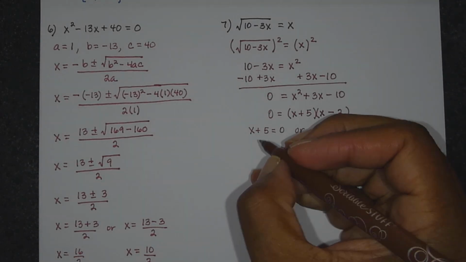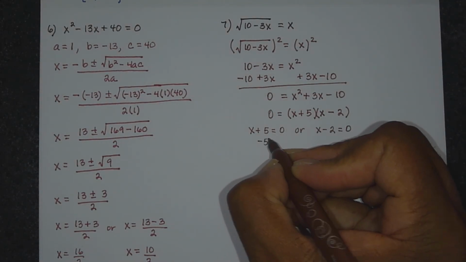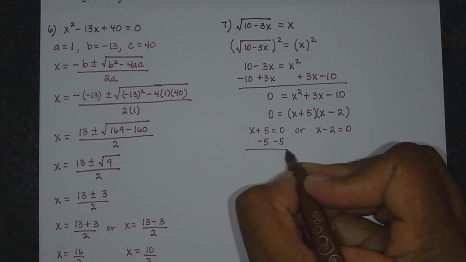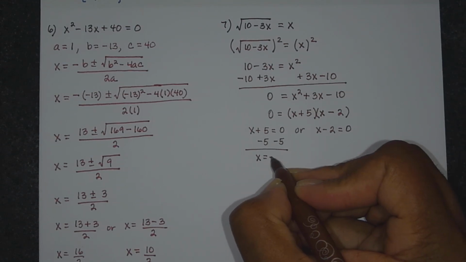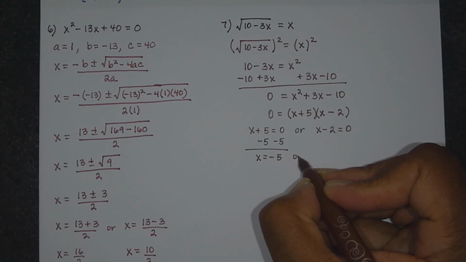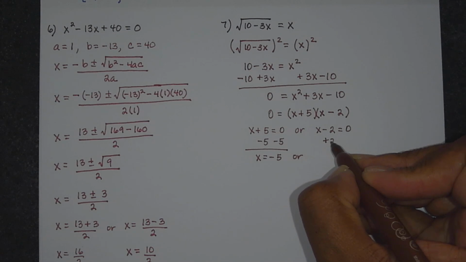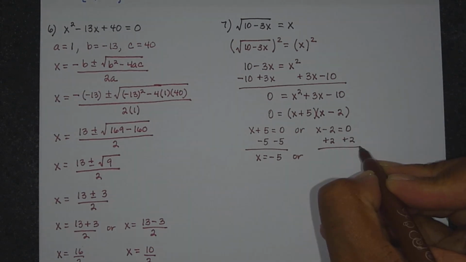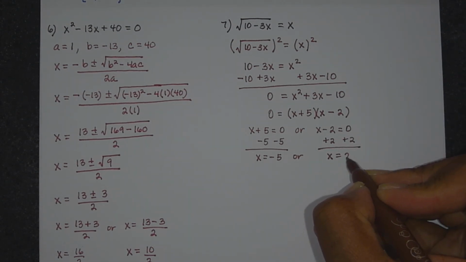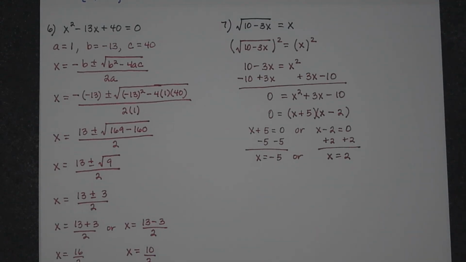So for the x plus 5 equal to 0, if I subtract 5, that means x is equal to negative 5. Or for the x minus 2 equals 0, if I add 2, you'll get x is equal to 2. So my two proposed solutions are x equals negative 5 or x equals 2.